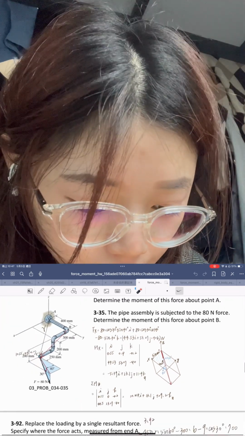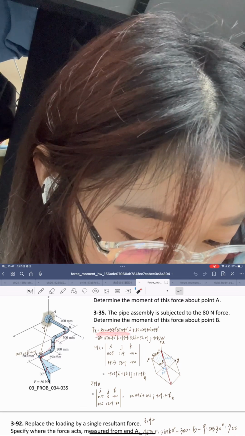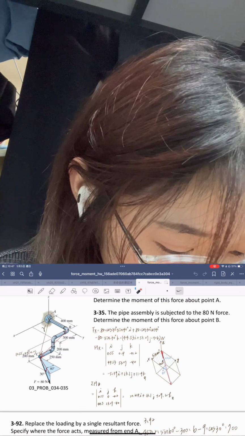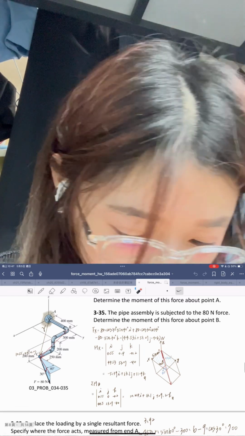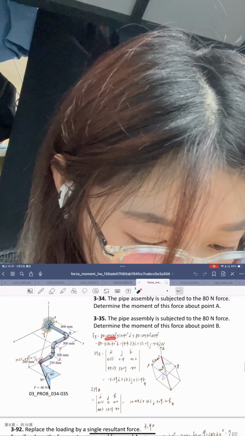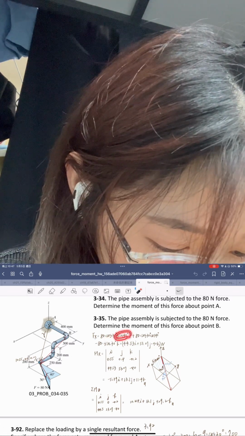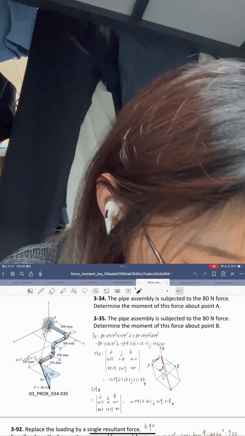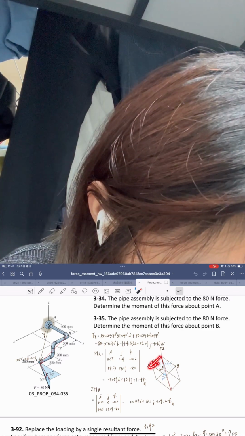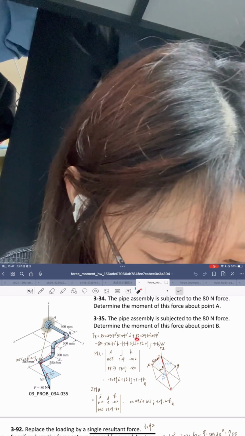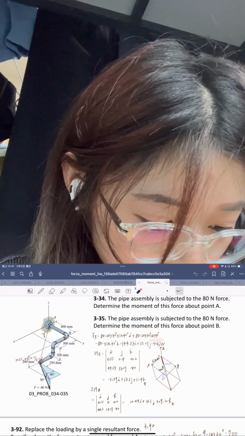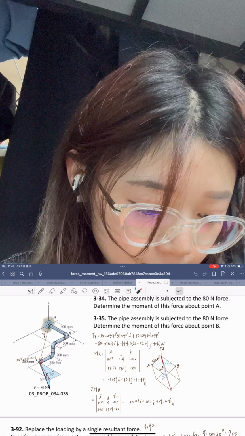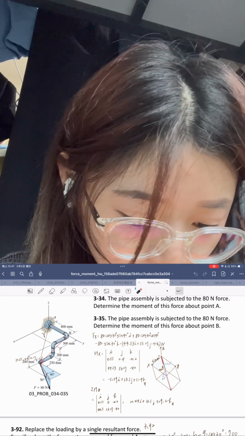So we have to know this x-axis is cosine, and this is cosine 30 with the sine 40 with this axis, and the y for the cosine 30 is the red line, and the cosine 40 is the blue line.